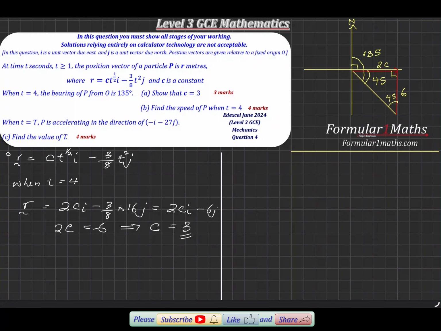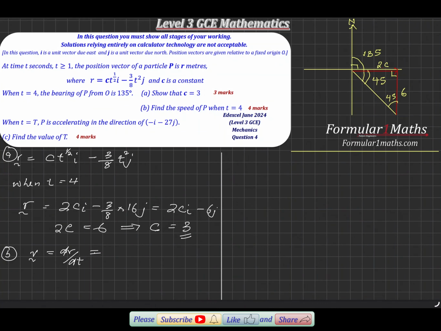So that's A. Now for B, find the speed of P when t is 4. We will need to differentiate r to get the velocity. So the velocity v is equal to dr/dt.